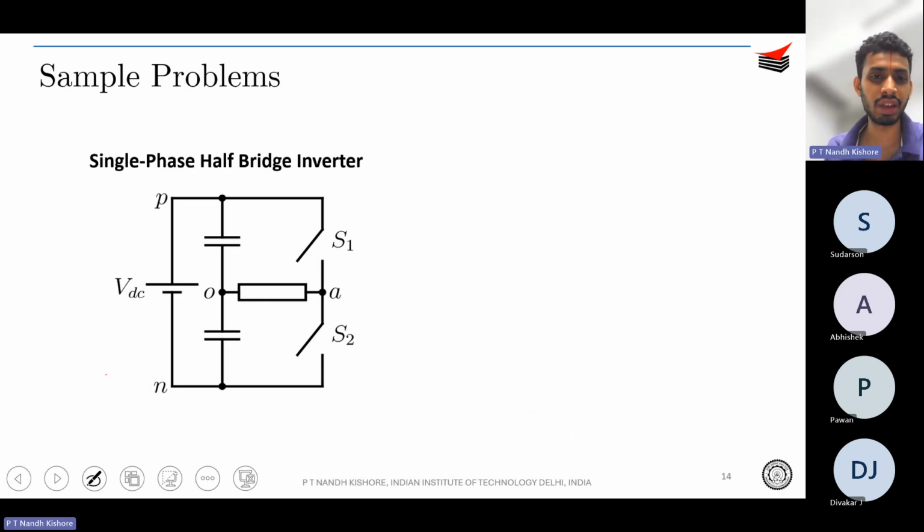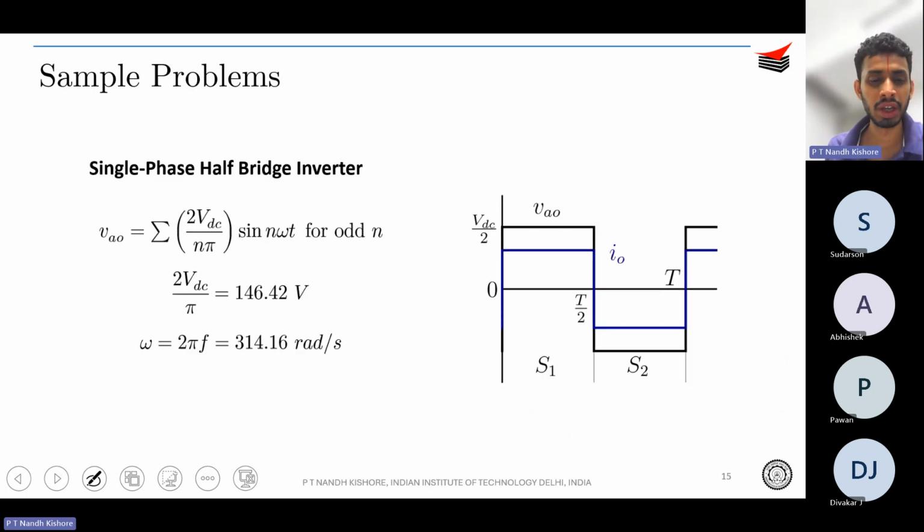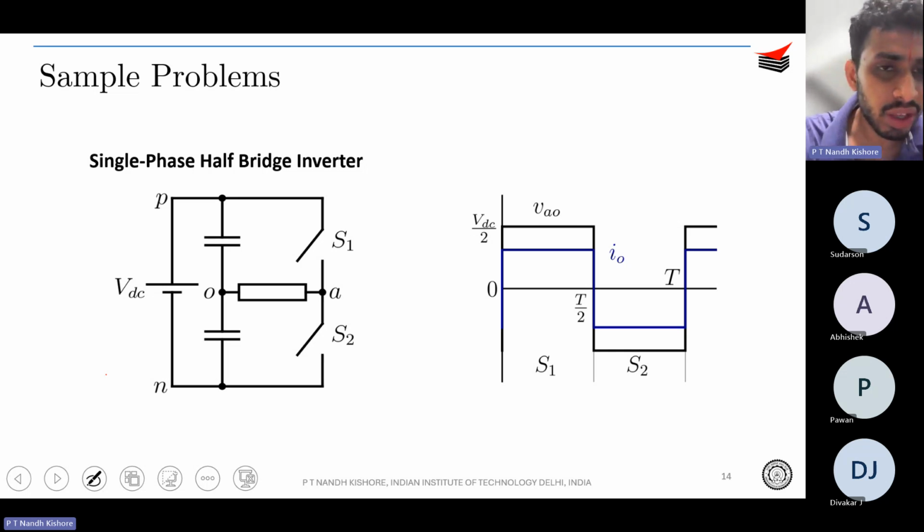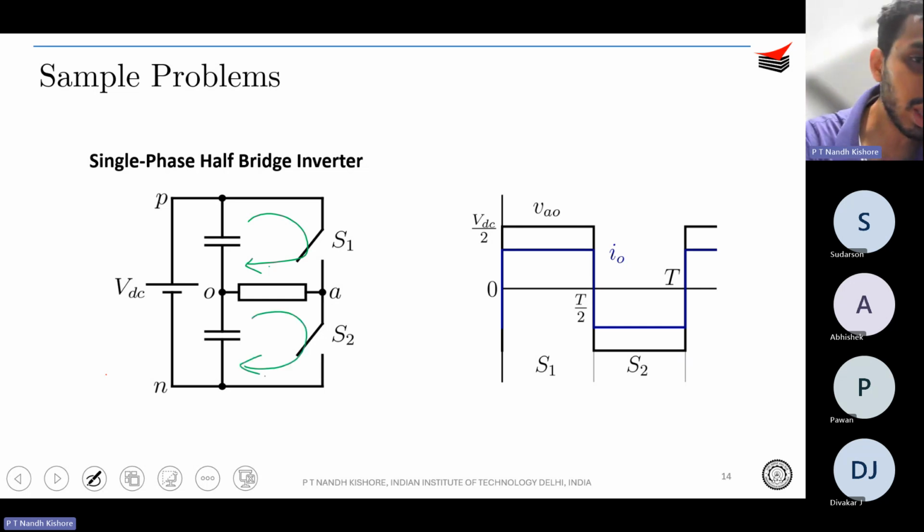Of course, I have the solution. In a single phase half bridge inverter, you understand that your V_A0 is going to be a square wave. If I go back, this is the circuit of a single phase half bridge inverter. If you draw the circuit, when your S1 is on, the loop is like this, and if your S2 is on, you get something like this. If you split, this is V_D by 2 and this is V_D by 2.